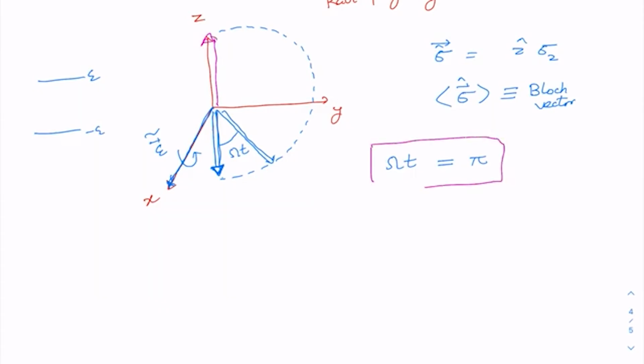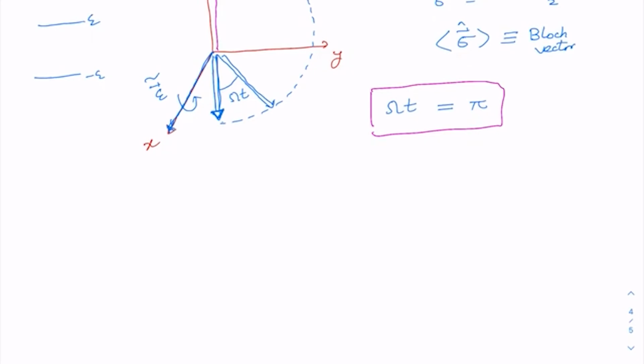So when omega t is equal to pi, either you wait for a long enough time or a short enough time, but if you increase the Rabi frequency, whatever it is, if the product omega t becomes equal to pi, then the two level system will go from the south pole, or rather I would say from the ground state, to the excited state.